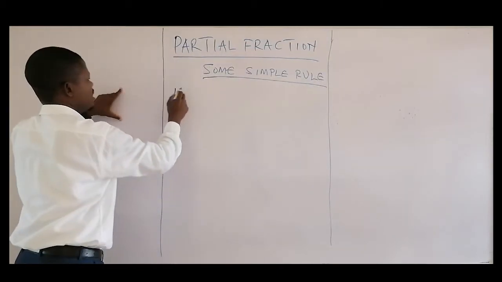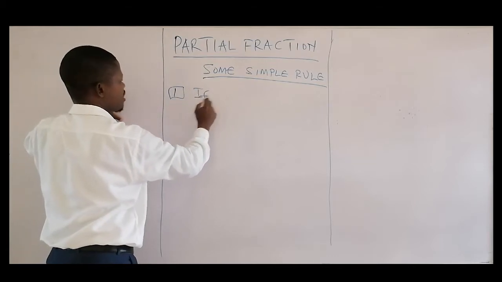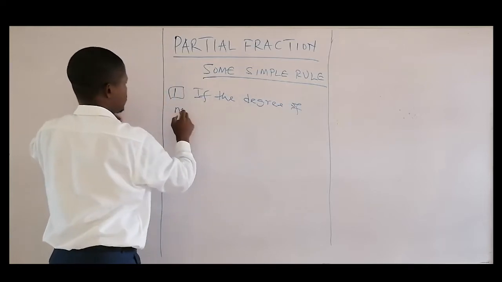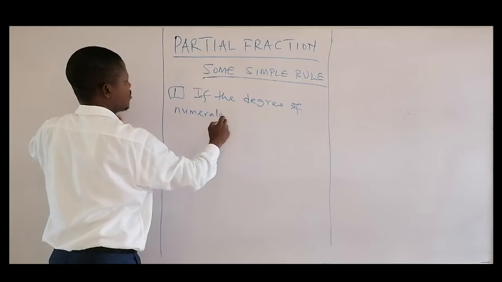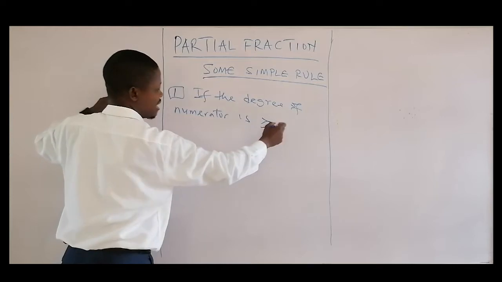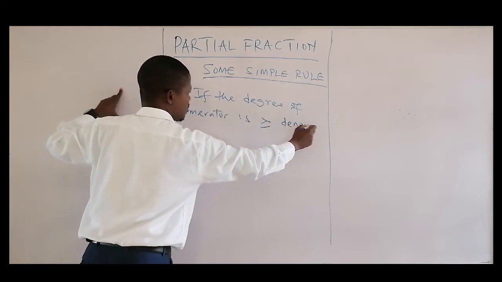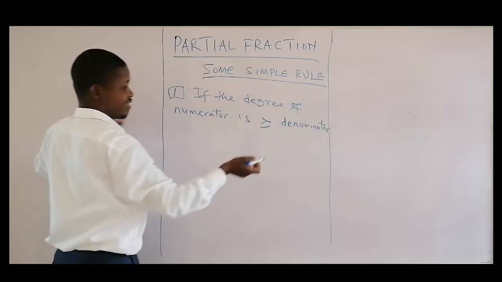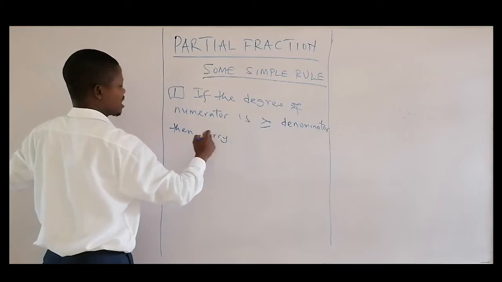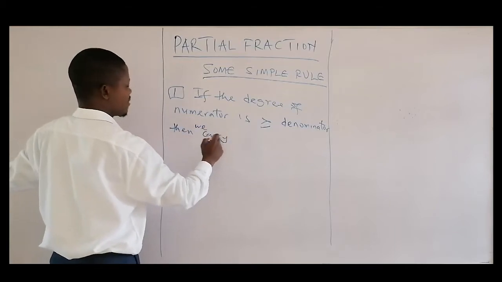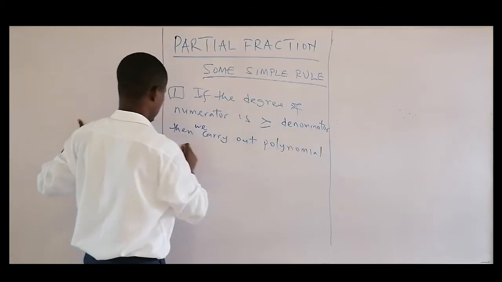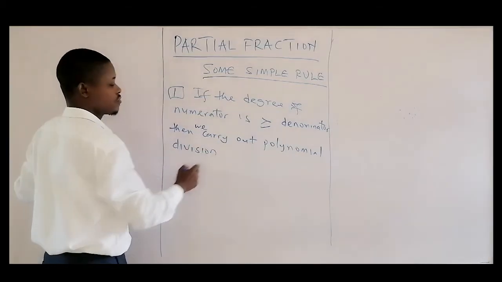First one: if the degree of the numerator is greater than or equal to that of the denominator, then we carry out polynomial division.